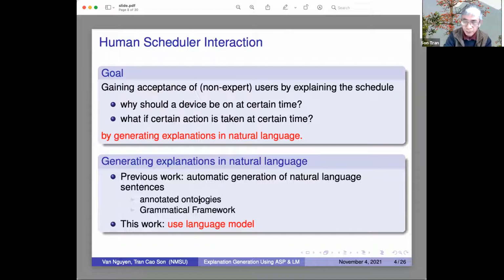In this paper, we attempt to use a language model to generate the sentences. The previous approach requires certain effort from the ontology description and so on. I'm not going to talk about that here, but if you are interested, we can talk more about that later.